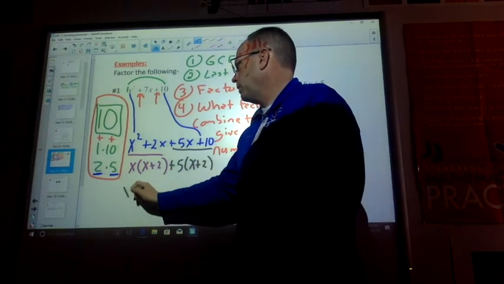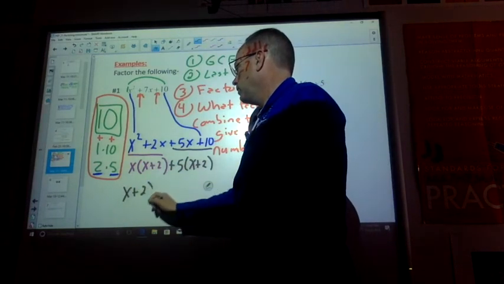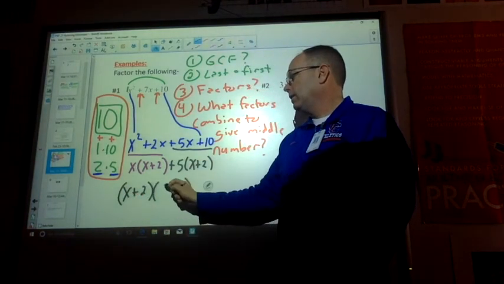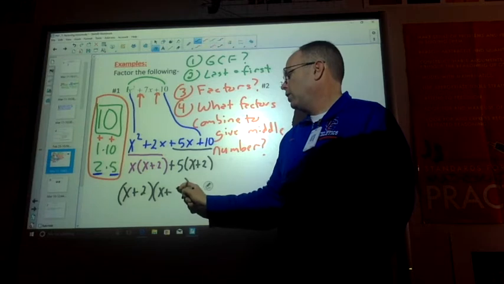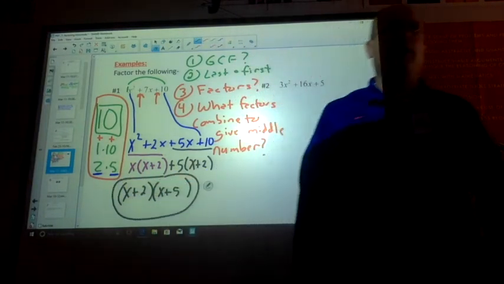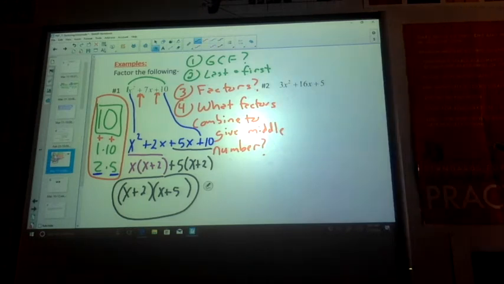So I'm going to get x plus 2. What do I have left? X plus 5. So if I were to double distribute this back together, if I were to multiply x to x and x to 5 and 2 to x and 2 to 5 and combine it, I'd get my original. This is how you factor.